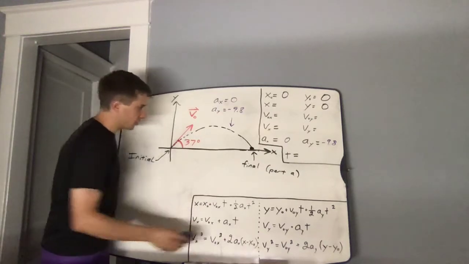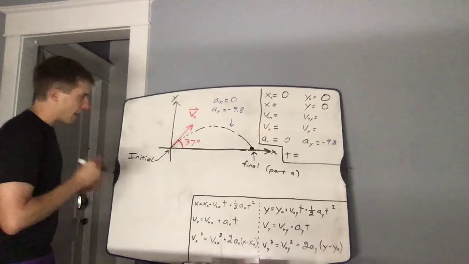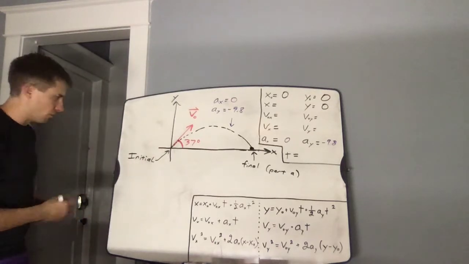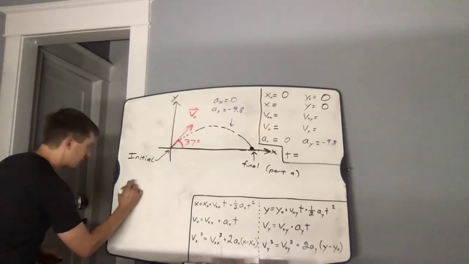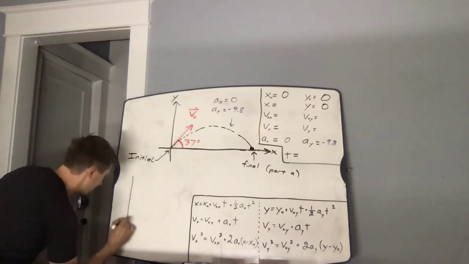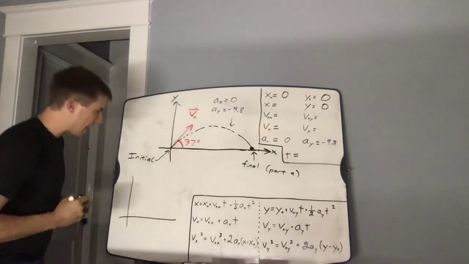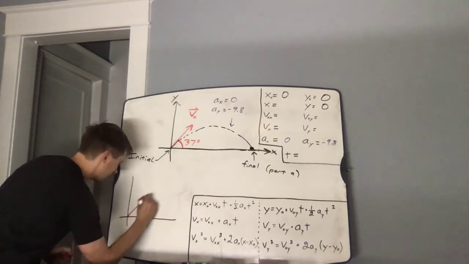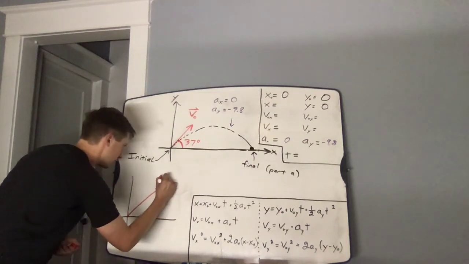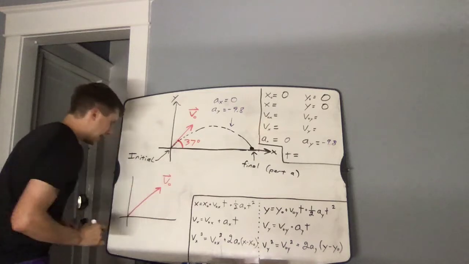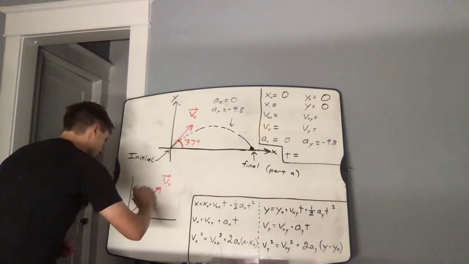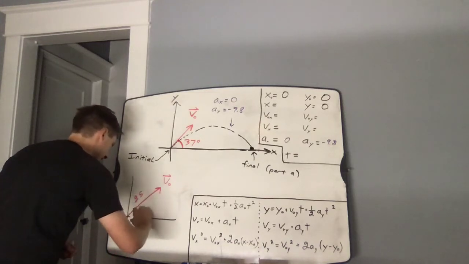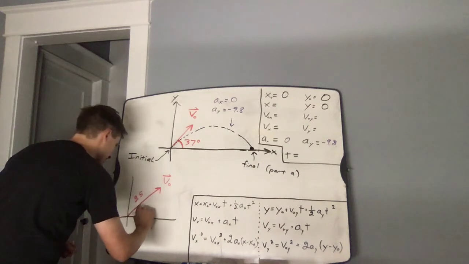So I am going to now draw that vector over here where I have a little bit more space. And I could say, here is my horizontal and my vertical axis. Here is this initial velocity, which is v0. And we know this vector has a magnitude of 25 and an angle of 37 degrees.